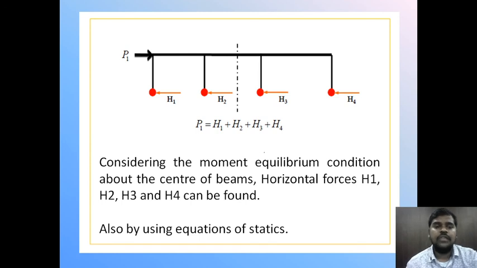After that we know that P1 is equal to H1 plus H2 plus H3 plus H4. Already we have discussed in the first method in the previous video how we can write this directly.